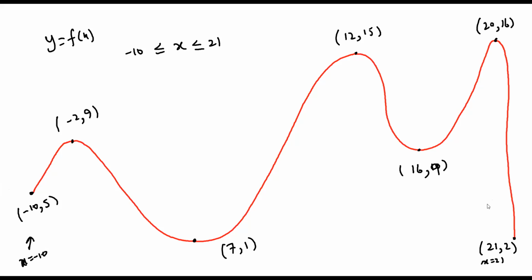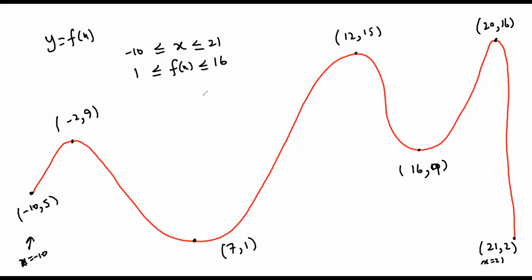In mathematics, it means from the least to the maximum. If you look at all of this curve, the least value of the y coordinate is 1, and the maximum value of the y coordinate is 16. So this girl has rightfully said that the range is from 1 to 16.